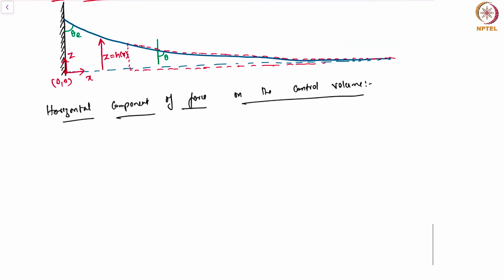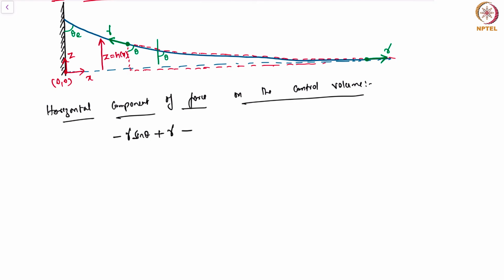For example, at this point that I'm showing with a green dot, I have surface tension gamma, and the local angle is theta. The horizontal component of the surface tension force on the meniscus would be minus gamma sine theta over here, but on the other end the meniscus is flat and therefore I have a gamma on the other hand. So on one side it is minus gamma sine theta, and on the other side it's plus gamma.